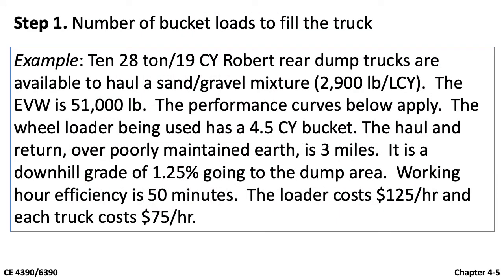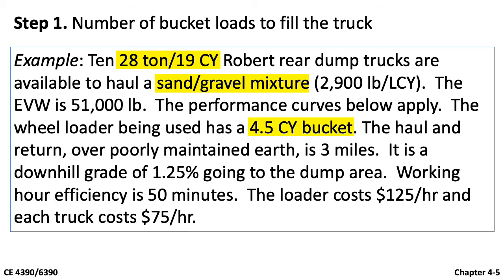Step number one, calculate the number of bucket loads to fill the truck. To calculate it, you need to know the truck capacity and the bucket capacity. From what is given, we have a 28-ton or 19 cubic yard truck, and the material is sand and gravel mixture. The loader bucket is 4.5 cubic yards.